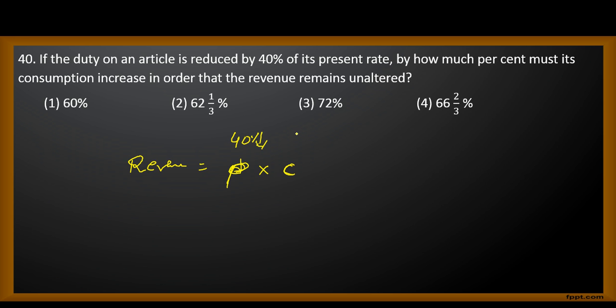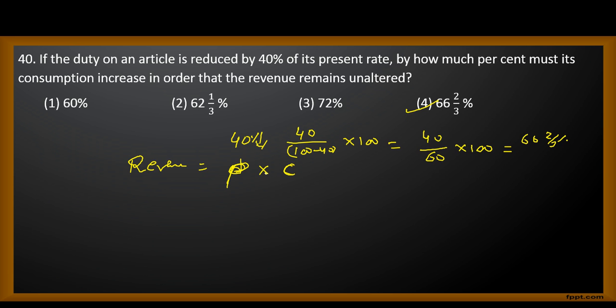So the consumption must be increased by 40 by 100 minus 40 into 100. That equals 40 by 60 into 100. That equals 66 2 by 3%.